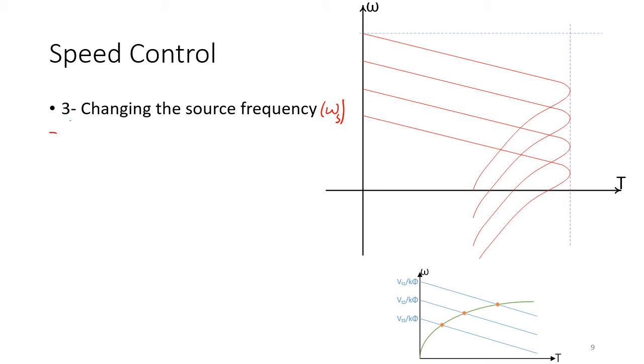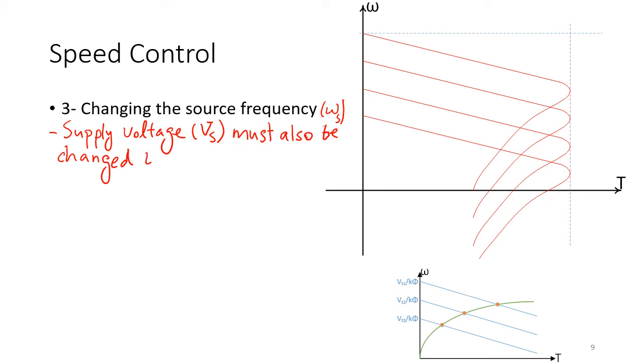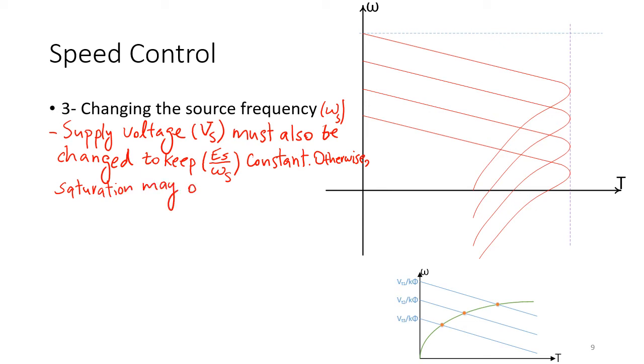So the supply voltage Vs must also be changed to keep ES over omega s constant. Otherwise, saturation may occur.